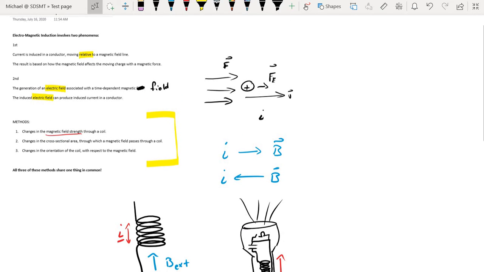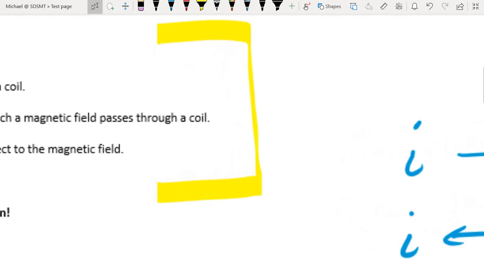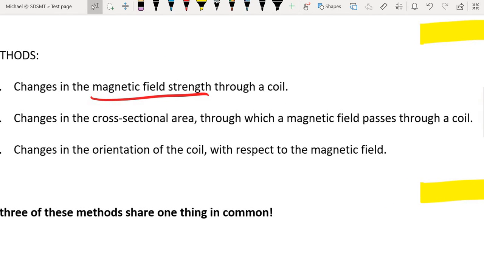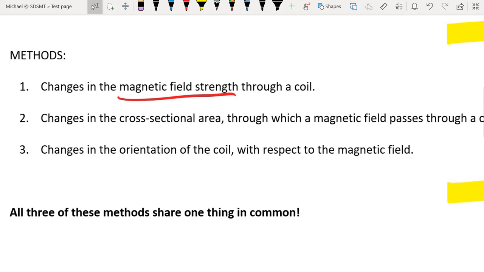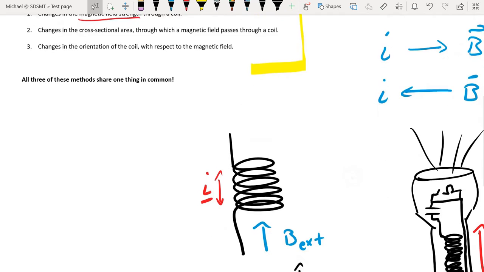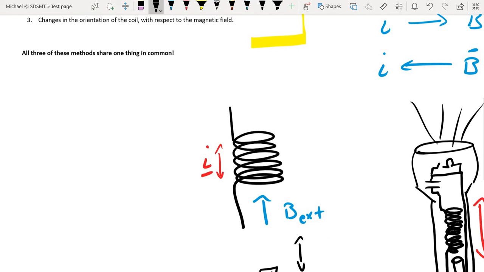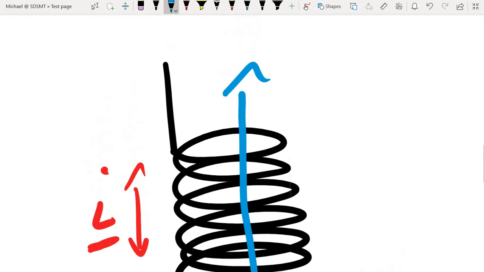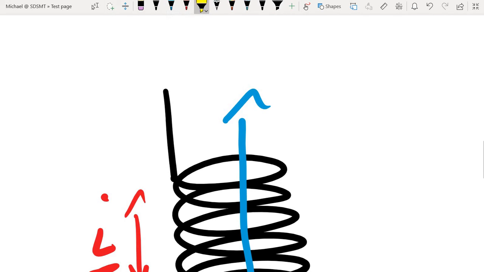But that brings us to the second method for inducing electric current, which is to change the cross-sectional area through which the magnetic field passes through the coil. Down here we have our external magnetic field passing directly through the coil. And we can take the cross-sectional area of that coil.